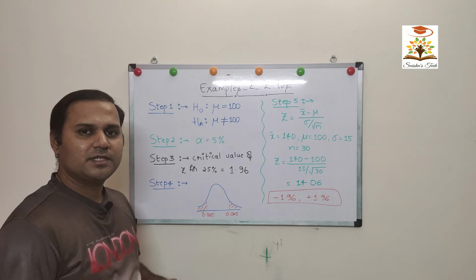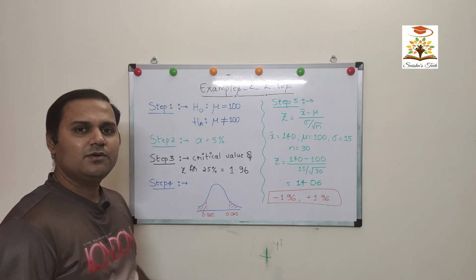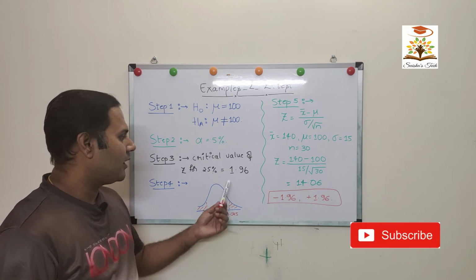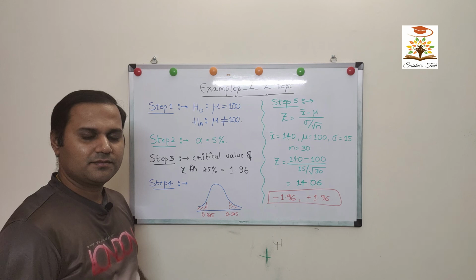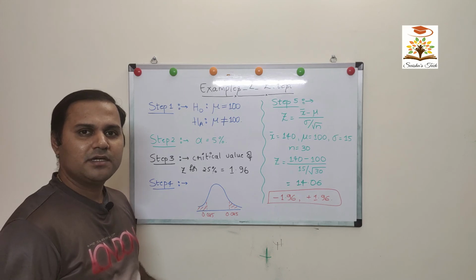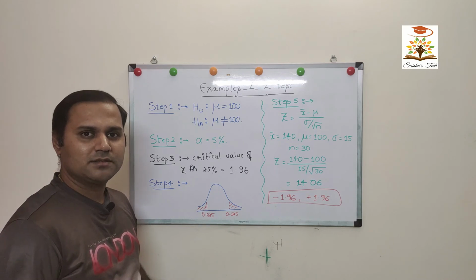As we observed from the Z table, the value for the significance of 2.5% is 1.96, which means the Z value or the evidence to accept the null hypothesis should be between minus 1.96 and plus 1.96. Above or below these values would be a rejection region.